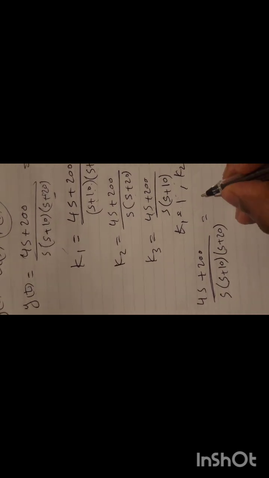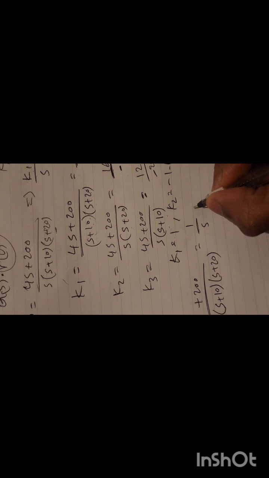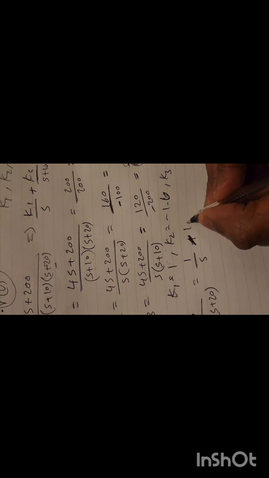So we are going to return to our original equation, and we have (4s plus 200) over s multiplied by (s plus 10) and (s plus 20) equal to, instead of k1, we put its value, 1 over s, minus 1.6 over s plus 10 and minus 0.6 over s plus 20.